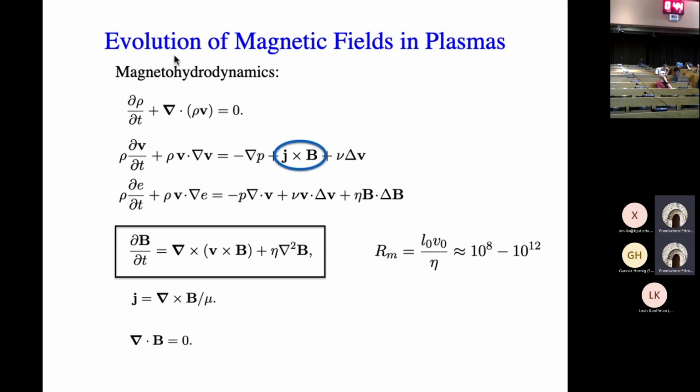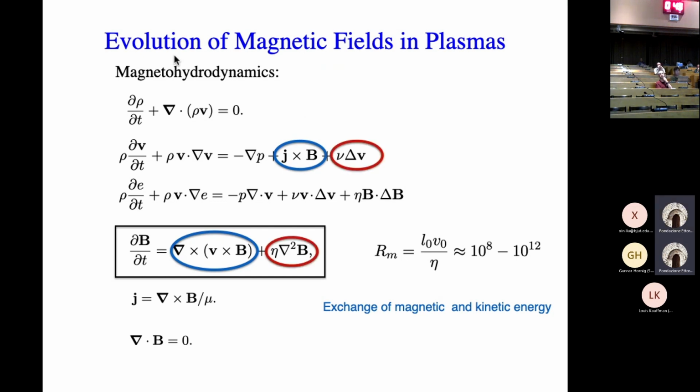In the equation for the motion of the plasma, we have the J cross B force, the Lorentz force, which describes the effect of the magnetic field on the plasma. And so these two terms together describe the exchange of magnetic energy between the magnetic field and the kinetic energy, or the velocity field.